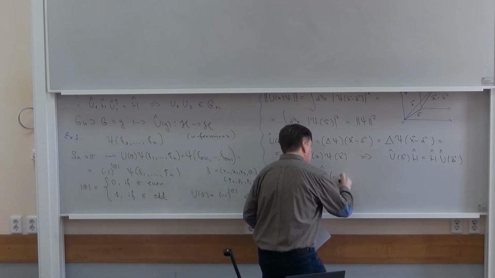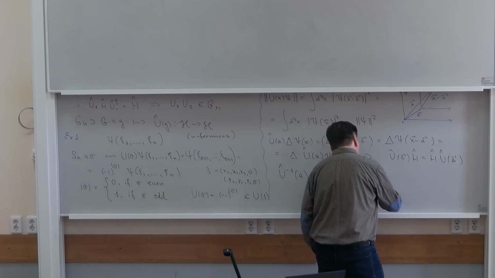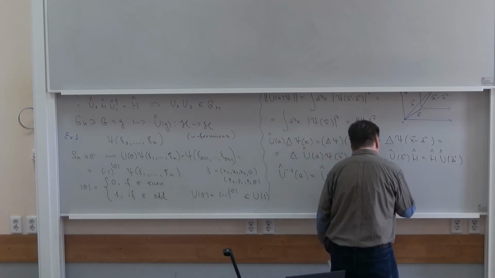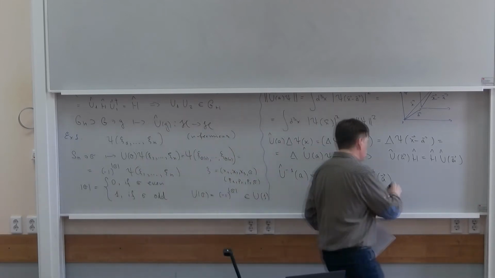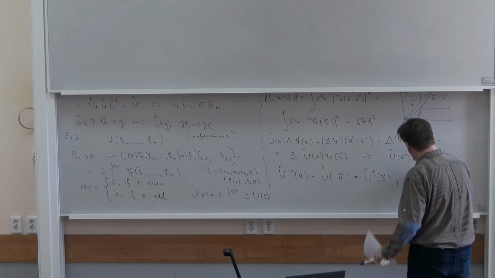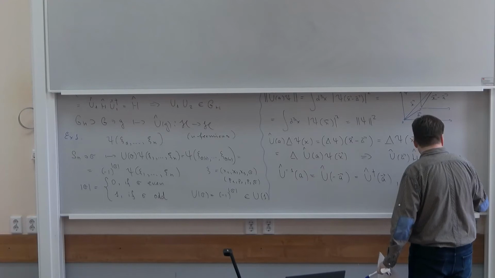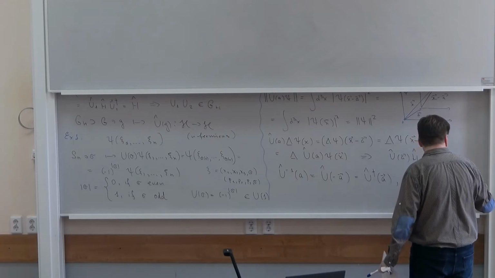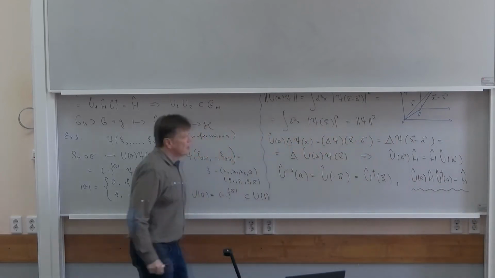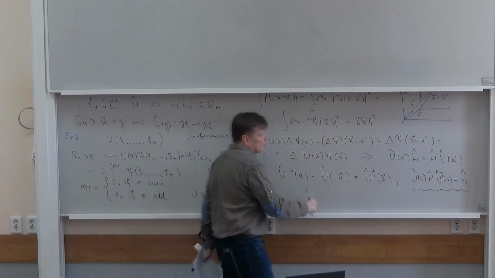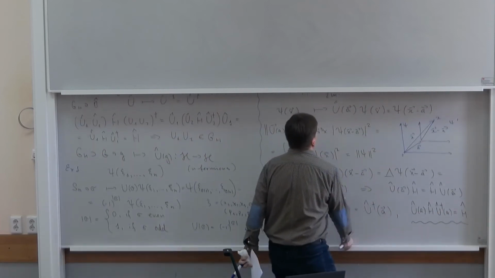So this is U of minus A, and is given by the adjoint operator U dagger. So combining it all together, we can write that U of A, H, U dagger of A is equal to H. So this set of operators are symmetries of the Hamiltonian of a free particle.